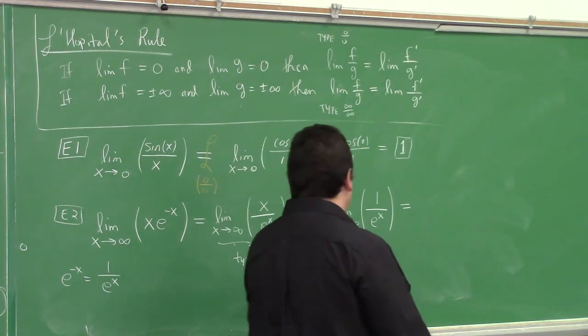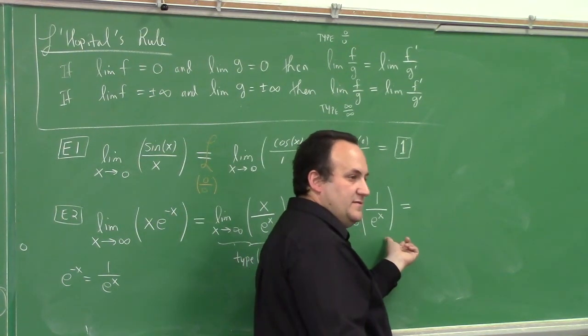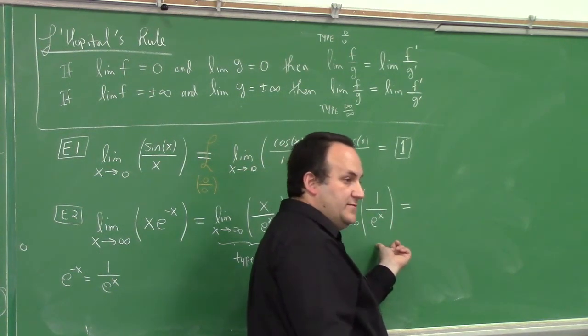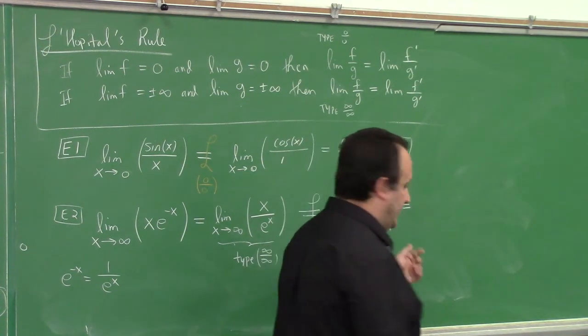So what happens as x goes to infinity? e to the x goes to infinity, right? So we're looking at 1 over something huge, which is 0, right?